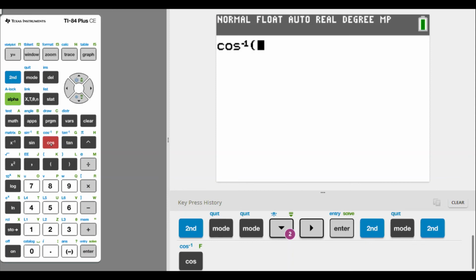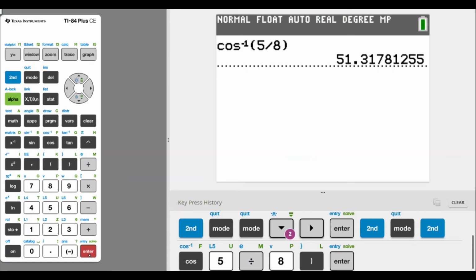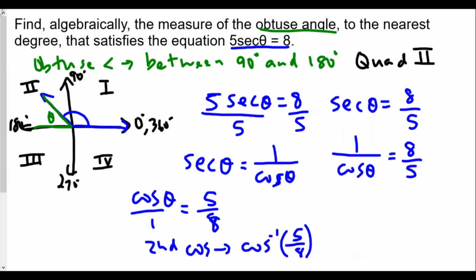So 5 divided by 8. Our angle measure is 51.31781255. I just want the nearest degree, so 51 degrees.